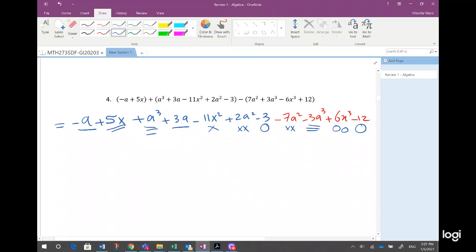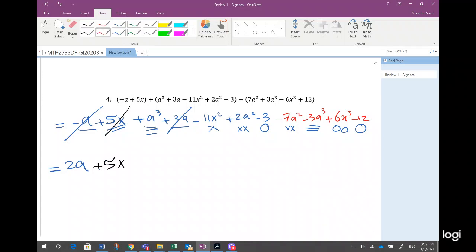Okay, oh, so many. Okay, so minus a and 3a, so it is 2a. Now I change. Okay, the other one, just two lines, 5x, done.